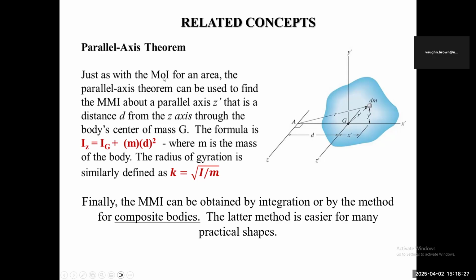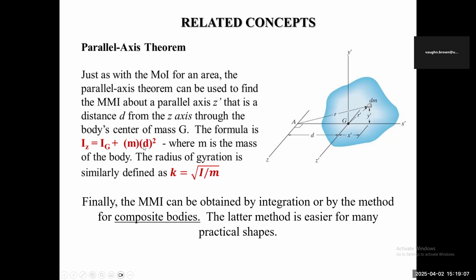Just as you have it for area, the parallel axis theorem can be used to find the mass moment of inertia about a parallel axis Z, which is at a distance d, you see it right there, from the axis through the body's center of mass, G. So the formula for the inertia about the Z axis is the inertia about the center of mass plus the mass of the body times d squared.